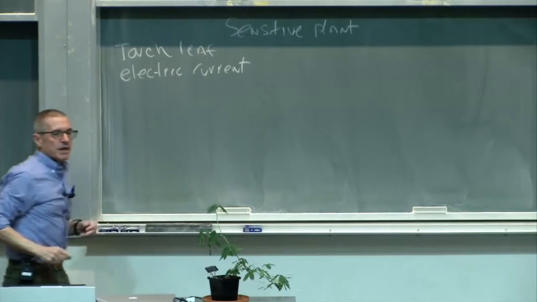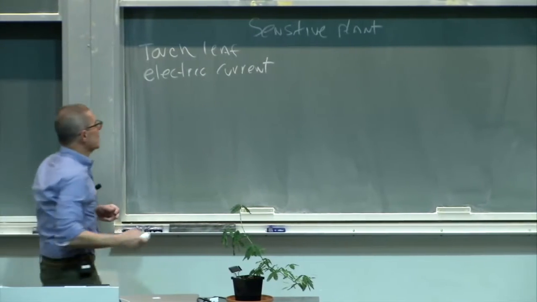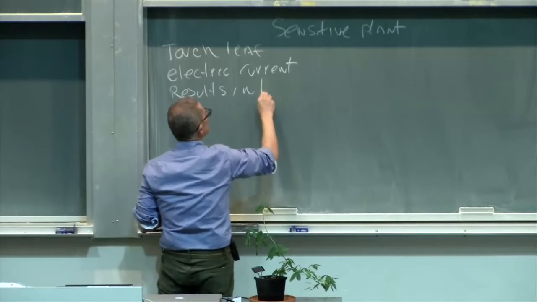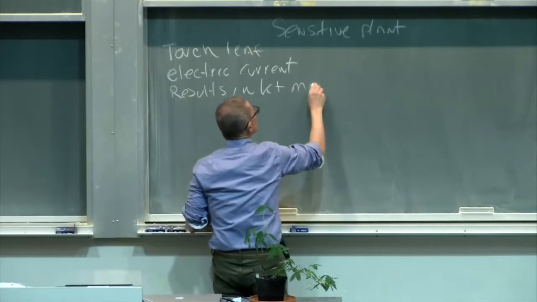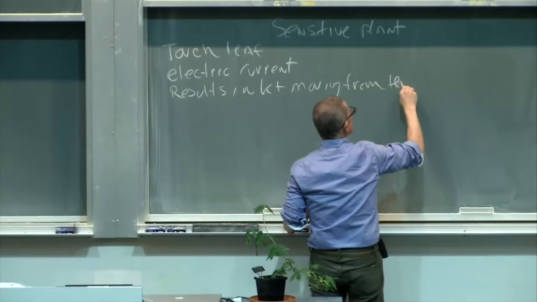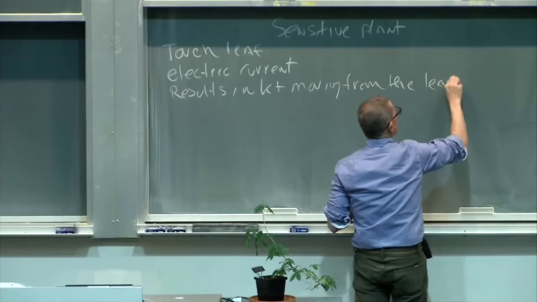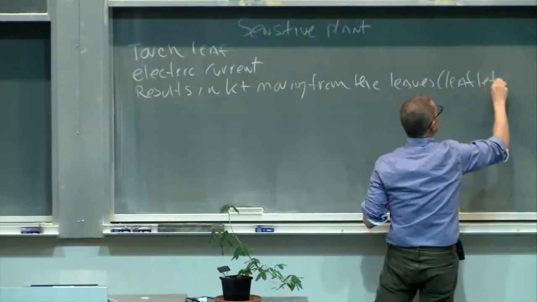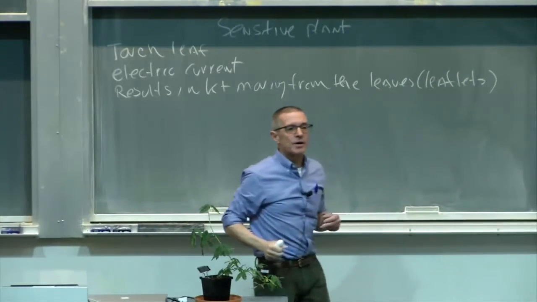And in this particular case, the electrical current results in potassium moving from the leaves, or the leaflets in this case, into the petiole.